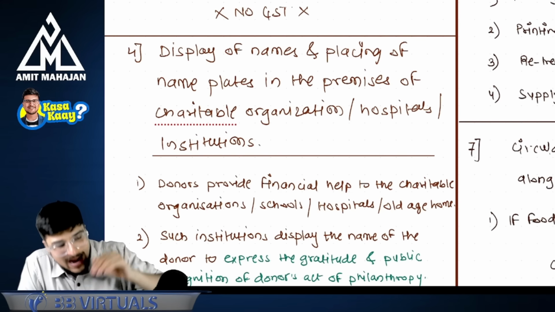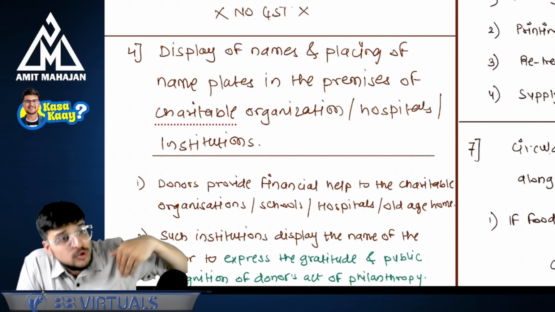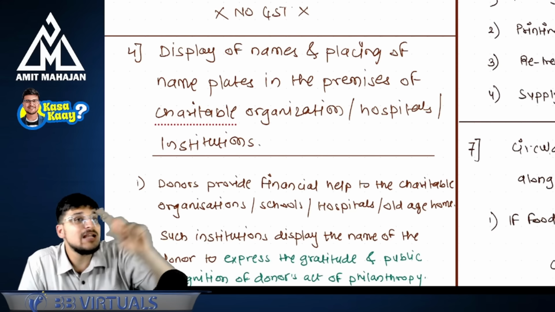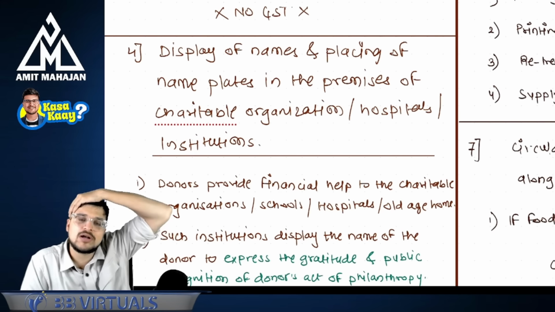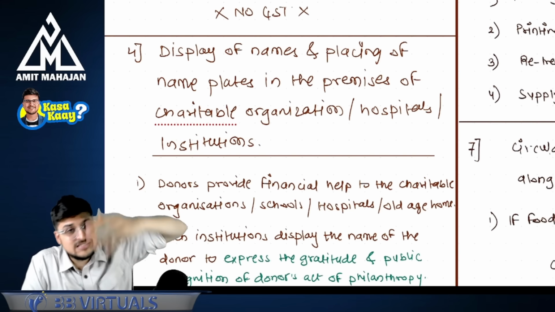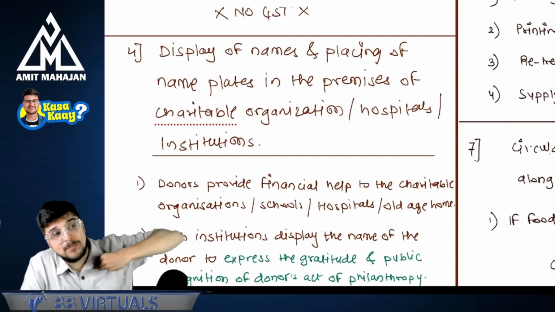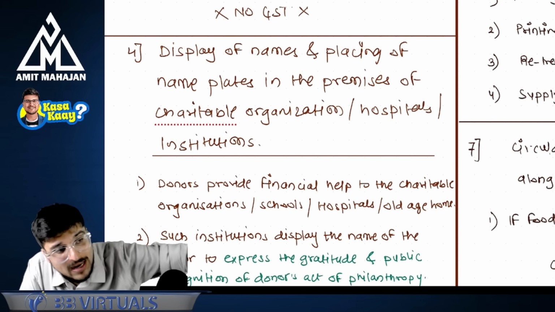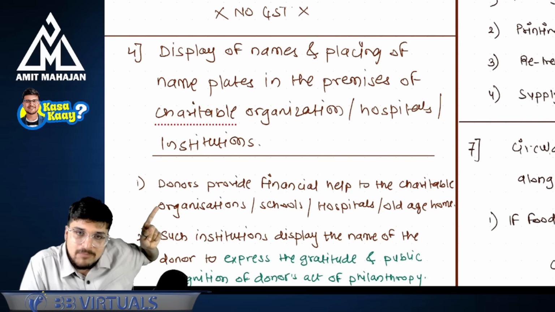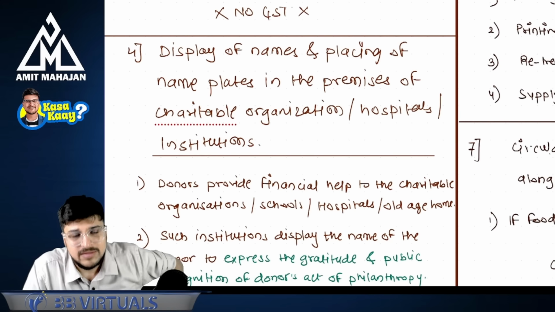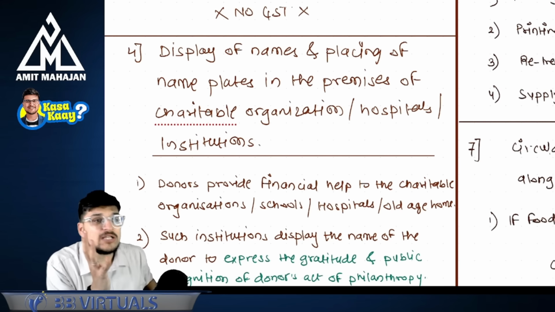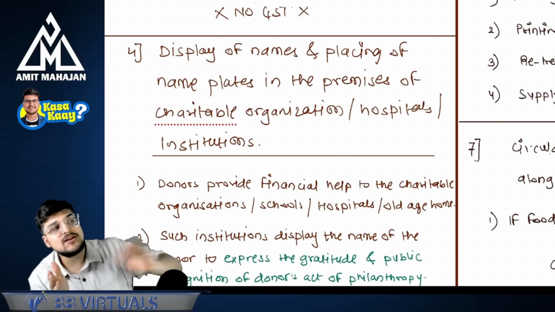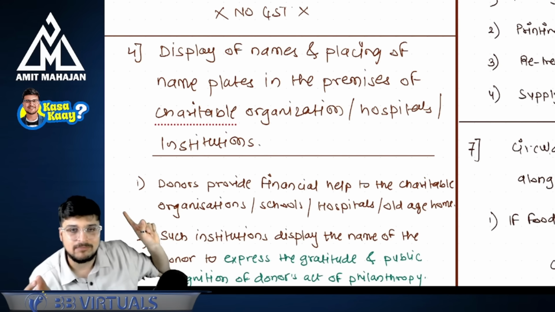And out of gratitude, they write my name on the nameplate that Amit Mahajan has donated 10 crores. That's it. Is this an advertisement of my business, that I paid 10 crores so that they will write my name and it will be an advertisement? Is this an advertisement cost for me?